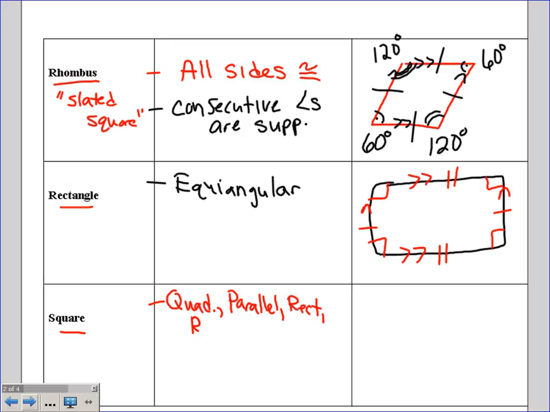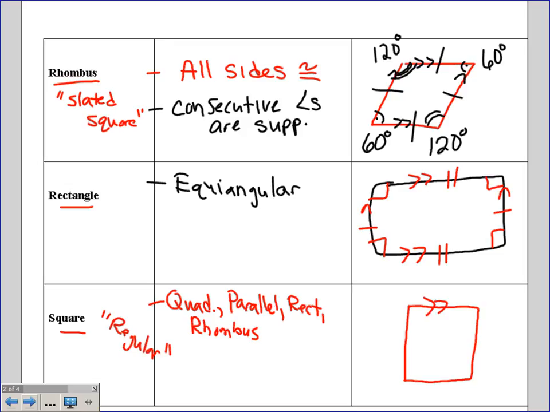It's also a rhombus, so it has all the characteristics of a rhombus. You can also say over here that it's regular. It's a regular quadrilateral. Okay. So when we draw this, holy smokes. You always thought the square was like the easiest quadrilateral. It's actually the hardest one.